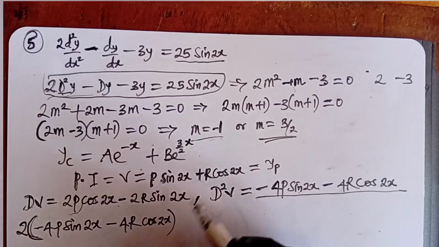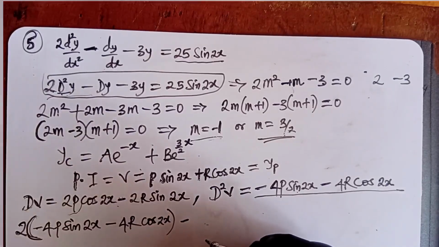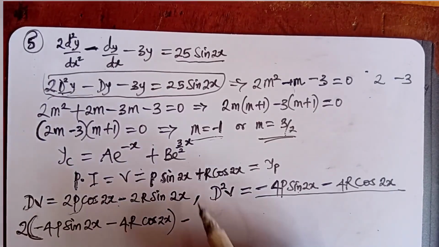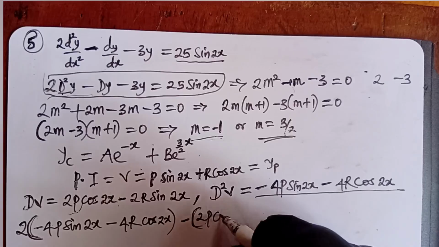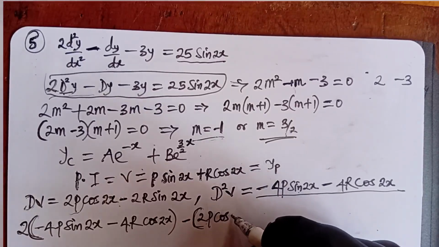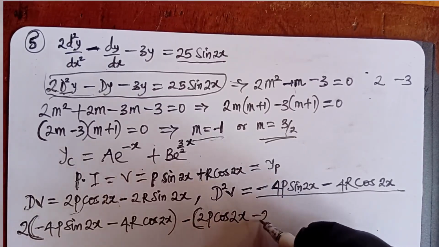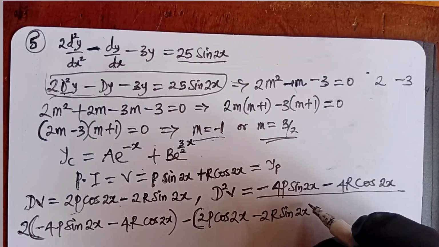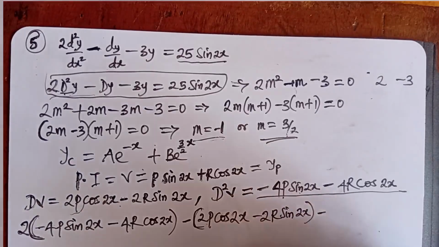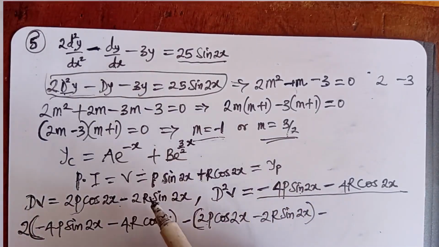Minus dy. That'll be minus, what's dy? This is our dy. That'll be 2p cos 2x minus 2r sine 2x, then minus 3y, and y is the particular integral itself.